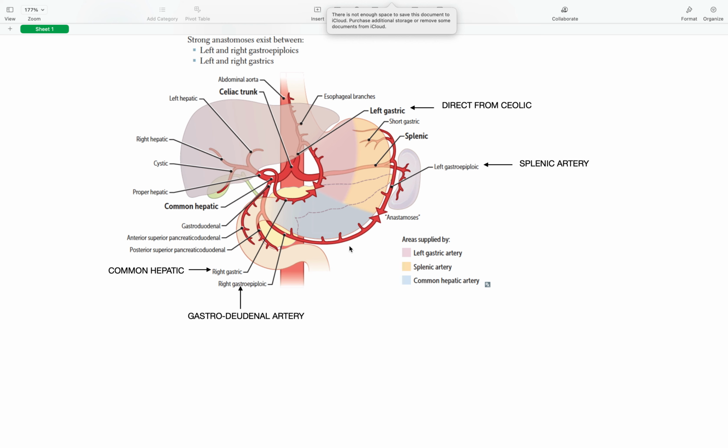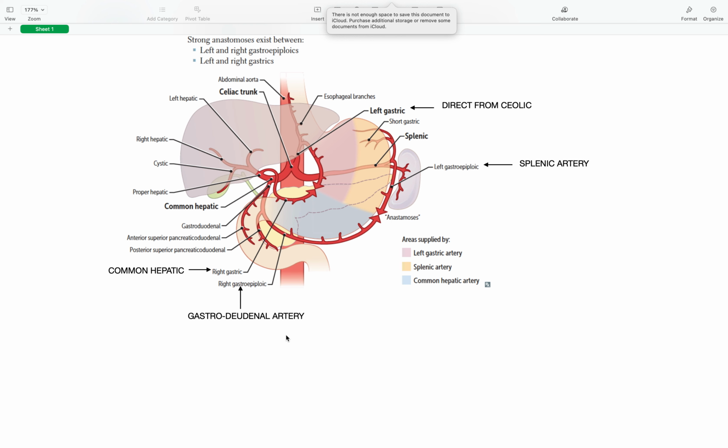The lower greater curvature of the stomach is supplied by the right gastroepiploic artery, which is a branch of the gastroduodenal artery. You see, the anatomical location of the right gastroepiploic artery is closer to the stomach and the duodenum, and therefore it is supplied by the gastroduodenal artery. And another easy way to remember it is the R in the right gastroepiploic artery is R in the gastroduodenal artery. Okay, so that was the greater curvature of the stomach.